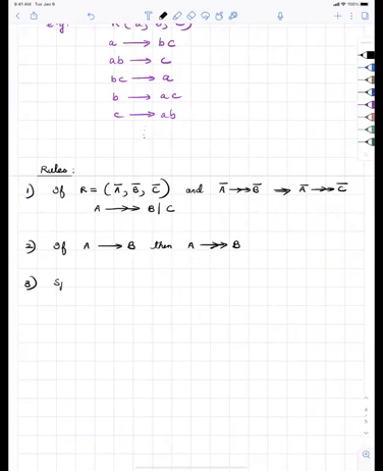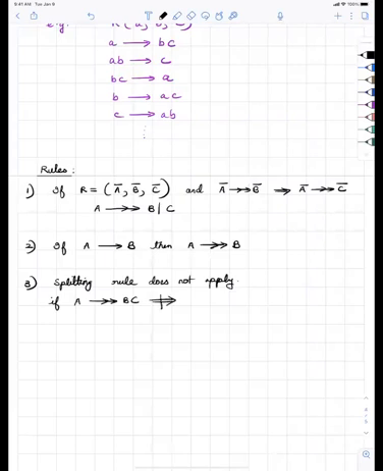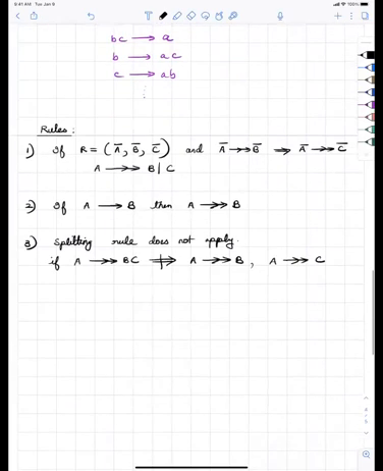Here the splitting rule does not apply. This is that example I did earlier. If A multi-value determines BC, it does not imply that A multi-value determines B and A multi-value determines C. So you can't split up the right-hand side.